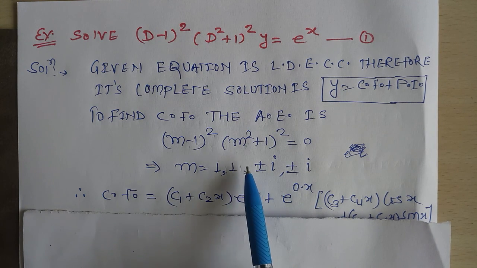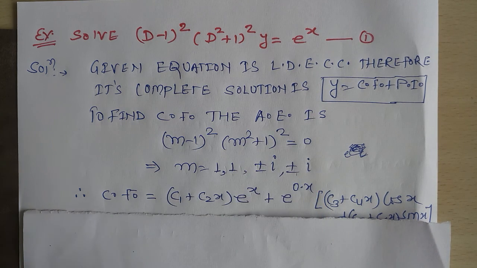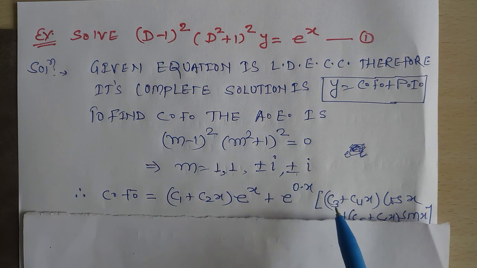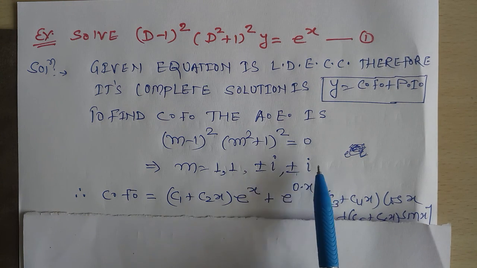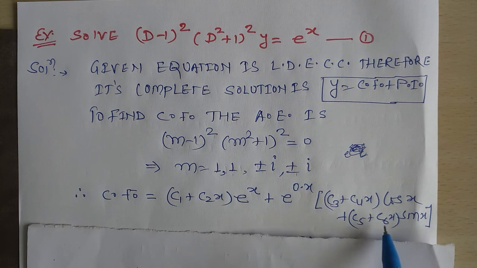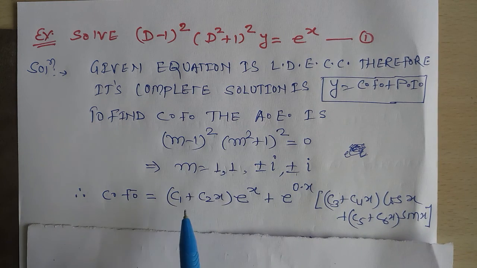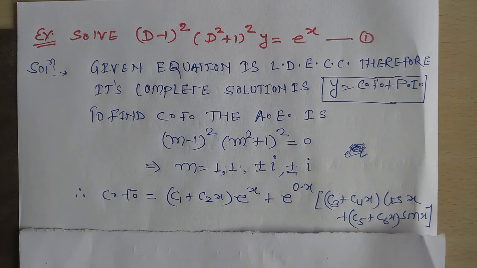And for complex repeated root, alpha is 0, beta is 1, so e power alpha x, alpha is 0. For complex repeated, we write (c3 plus c4 x) cos beta x, and beta is 1, plus (c5 plus c6 x) sin beta x, beta is 1. So this is the complementary function.